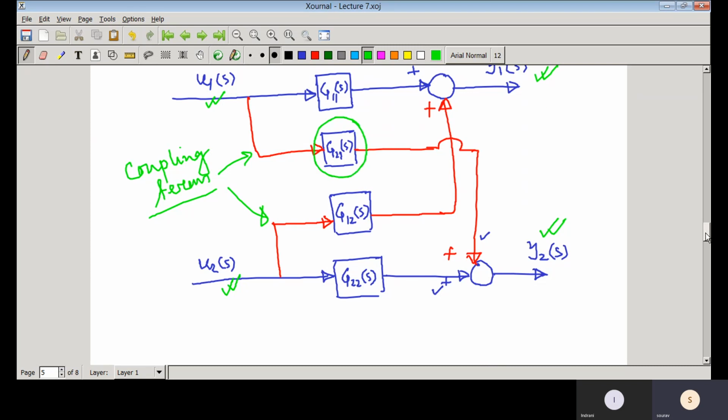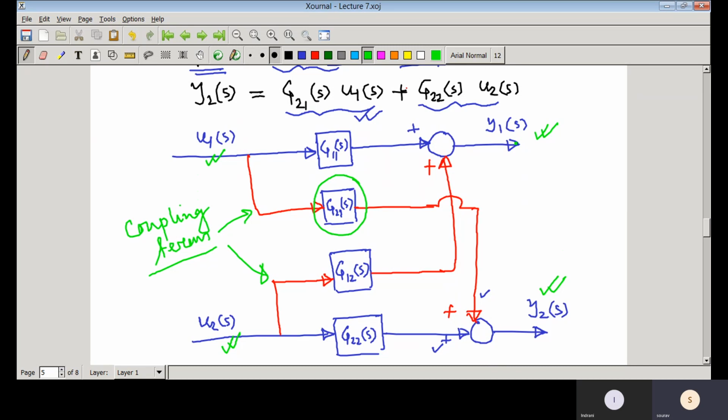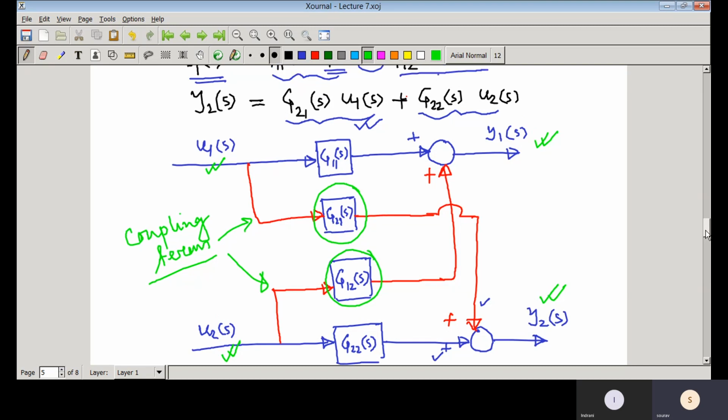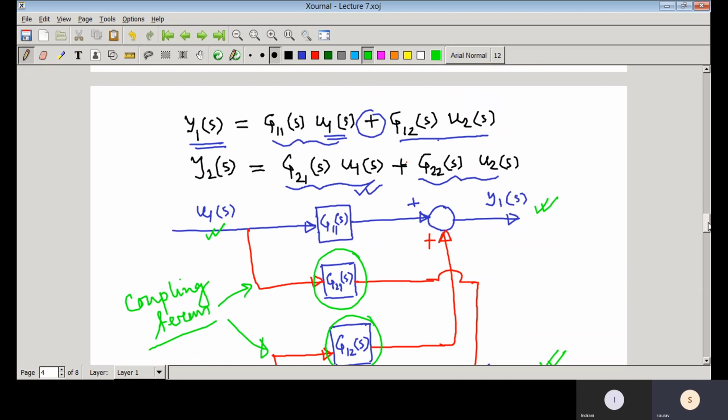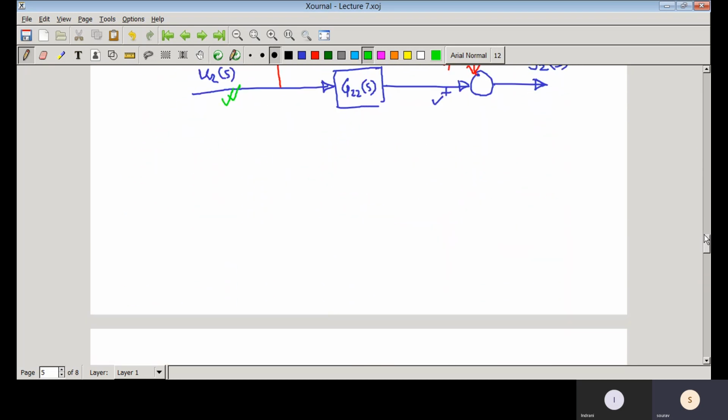And Y1(s) depends on U2 through this particular transfer function. So these two transfer functions, G12 and G21, are the coupling terms. And this is the transfer function of a multi-input multi-output system, and here we have explained it through block diagrams.